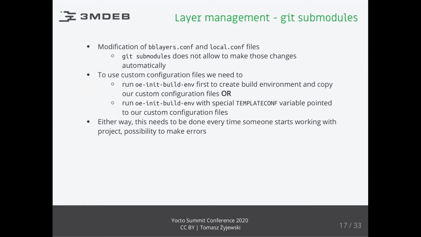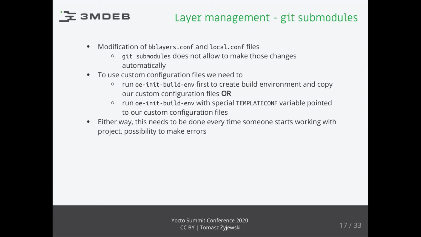Okay, so the last thing we want to tweak before running the build is to set the configuration files inside the build directory, so bblayers and local configuration files. And of course, we first need to manually prepare the bitbake environment using the oe-init-build-env script. Unfortunately, also this time, the use of Git submodules does not allow us to interfere in real time with the configuration files used in Yocto.